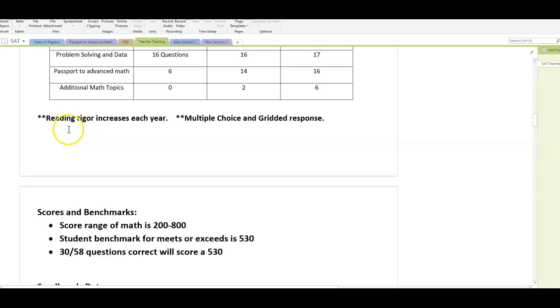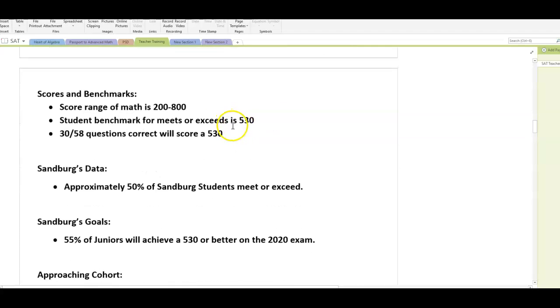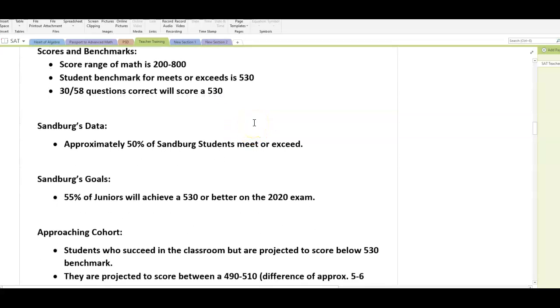Then I talked about how the reading rigor increases each year and the inclusion of multiple choice and graded response questions. Then I broke it down to where Sandberg's data is at, what our benchmarks are, and I actually talked about, in order for students to master this, right, what areas do they need to focus on, right?